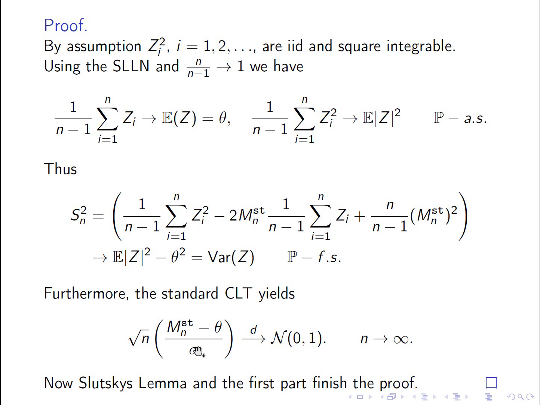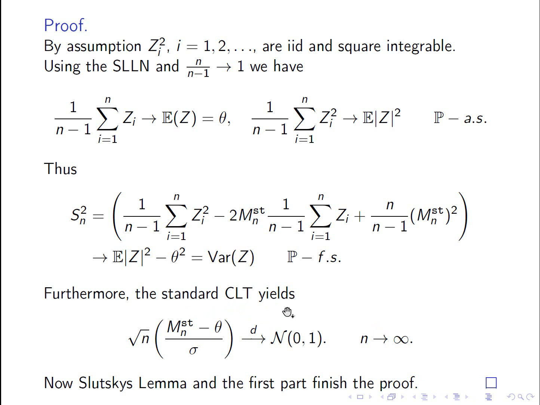And then we can use Slutsky's lemma, which says if we replace this thing by something which converges almost surely to sigma, then the convergence in law is still true. And this finishes the second part of the proof.